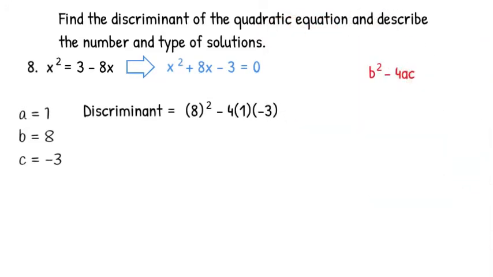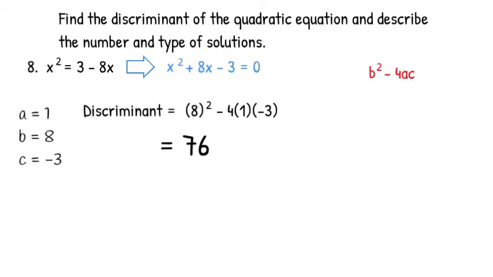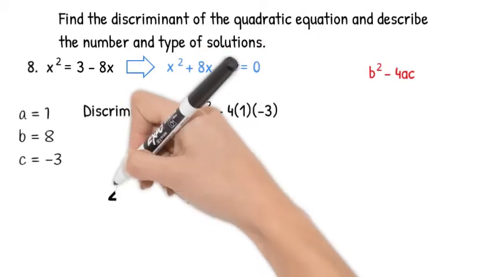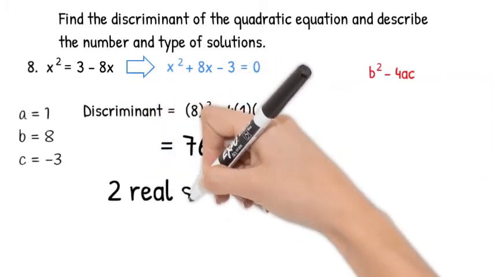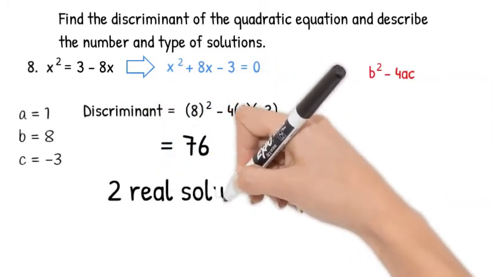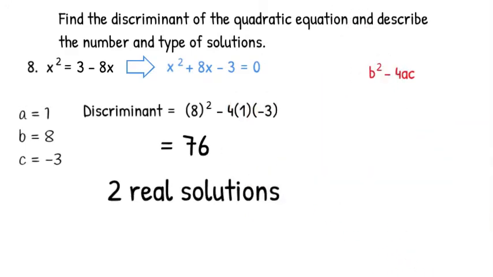Plug that all into your calculator in that order, and I got 76, which means I have 2 solutions, and they're both real numbers. So I have 2 real solutions because 76 is a positive number. All right, let's try this again for number 9.